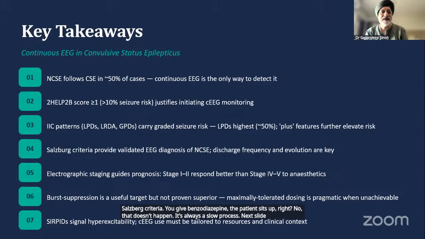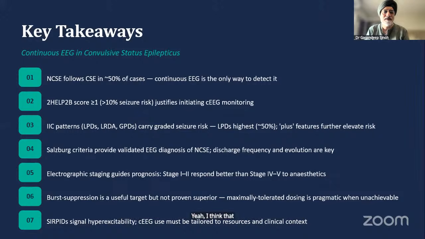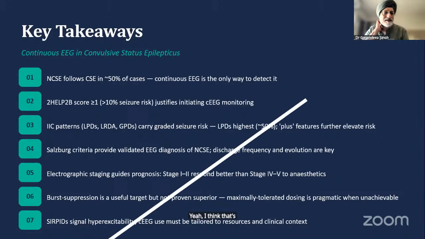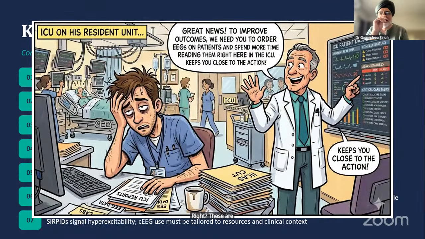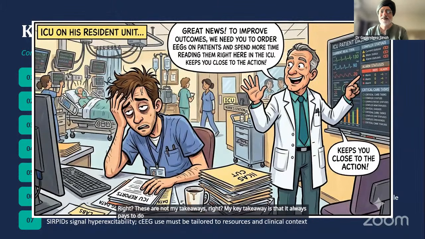Yeah, I think that's it. Next. Right. These are my takeaways. My key takeaway is that it always pays to do an EEG in critically ill patients, and there are surprises. When we started diagnosing these non-convulsive status epilepticus, they came in loads. Most of them, as I said, come from the nephrology intensive care unit, right?